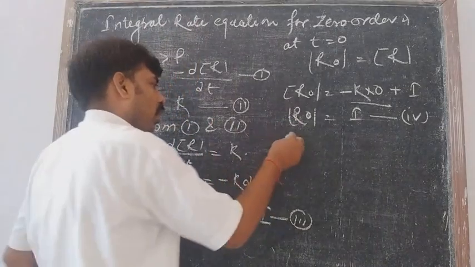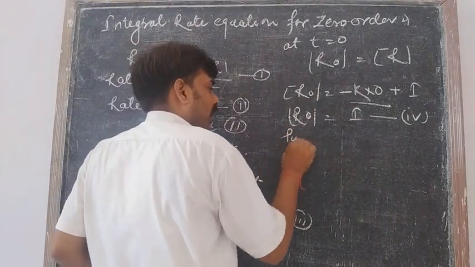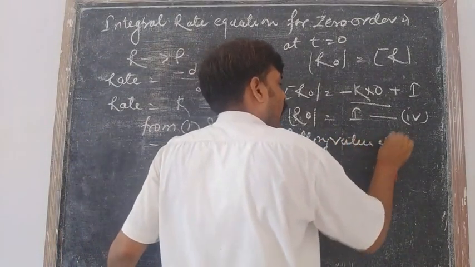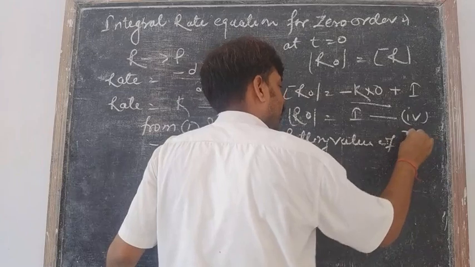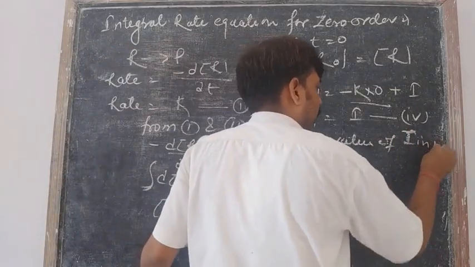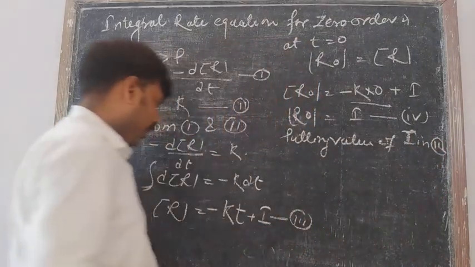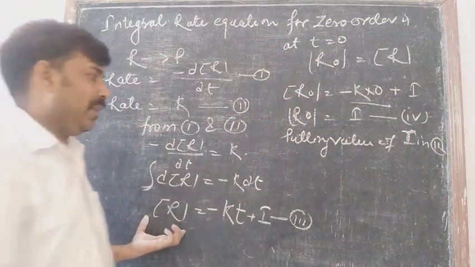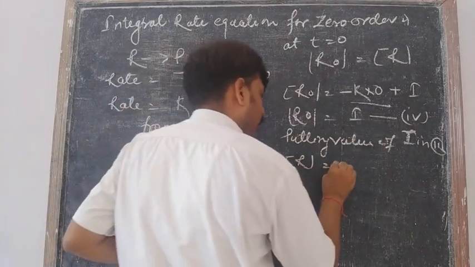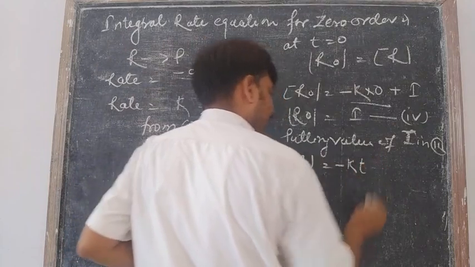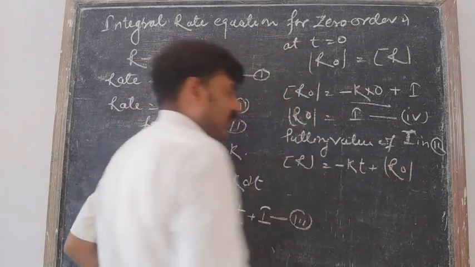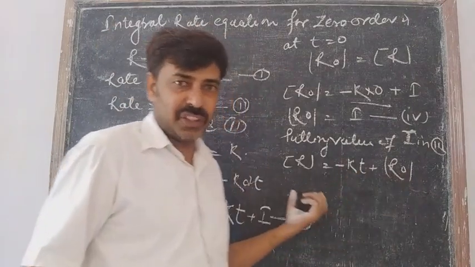So now putting the value of the integral constant I, which is R naught, in equation number 3, it will be concentration R equals minus kt plus concentration R naught, that is the initial concentration. We are just transferring it.